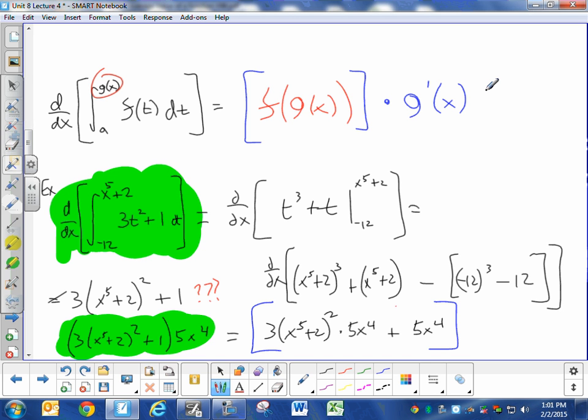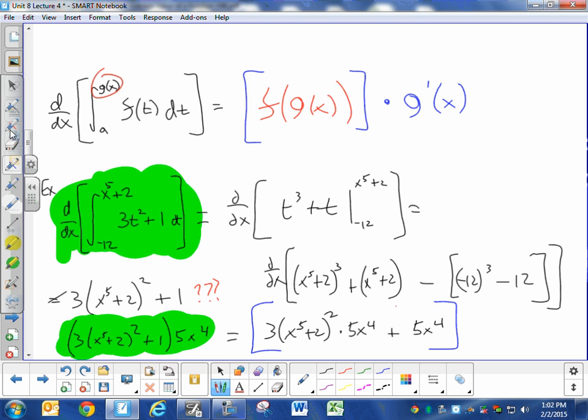Okay, now this is like, oh yeah, it's like the chain rule, right? But it's not the chain rule. Chain rule is like you take a derivative of a composition of functions, you get f prime of g of x times g prime. This is not the same as the chain rule. This is applying the chain rule, but this is kind of its own rule. This is the derivative of an accumulation function with another function in a boundary.